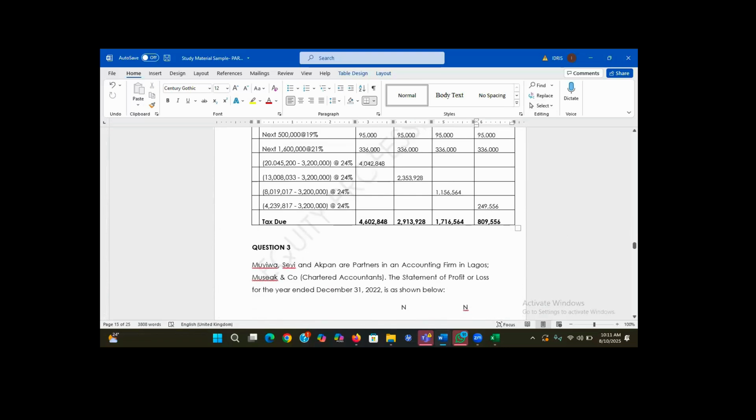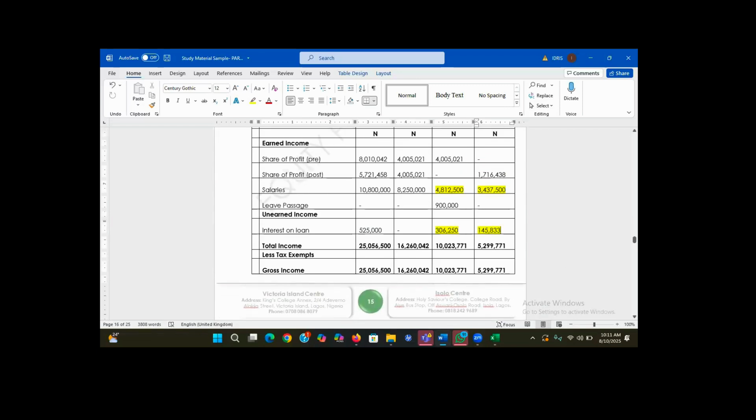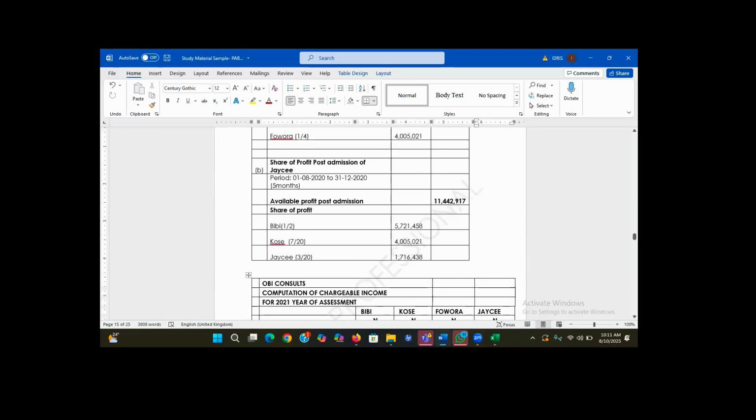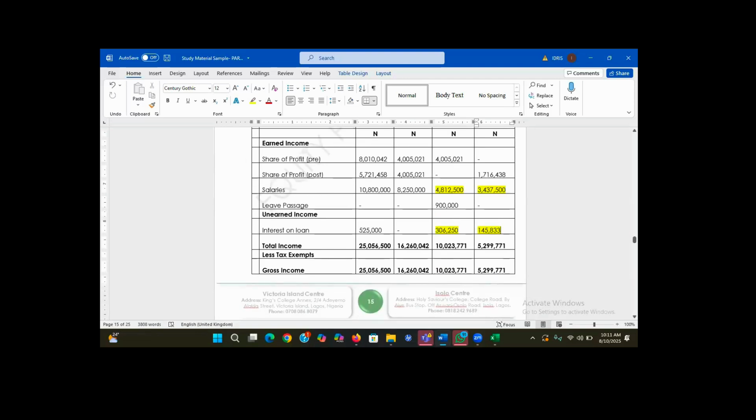But me, for better understanding, I compute the chargeable income, I compute the tax liability. This is where the examiner wants us to stop.